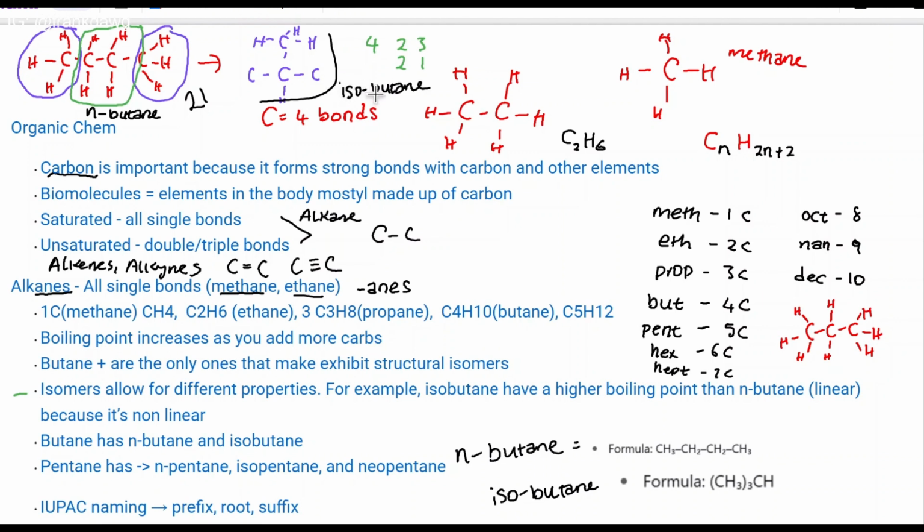I'm not quite sure why it's called isobutane, but one thing that I saw from a random TikTok video is that usually when it's called iso, it means it has identical parts. If you look at the actual structure, it has 3 CH3s with 1 carbon connected to all 3 of them, and an H. So that's why it's called isobutane.